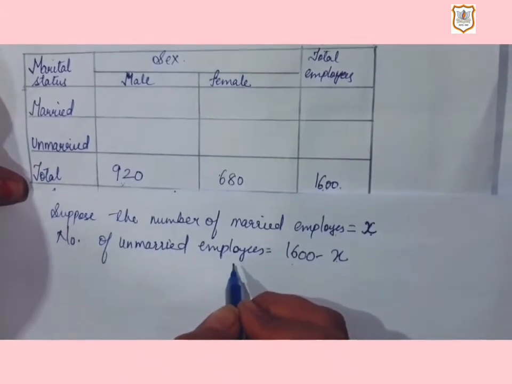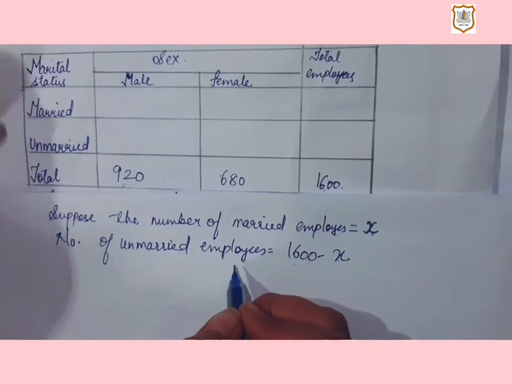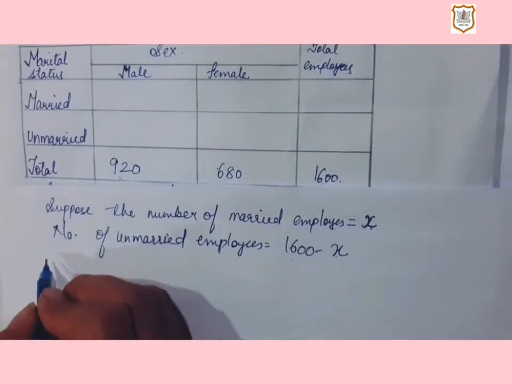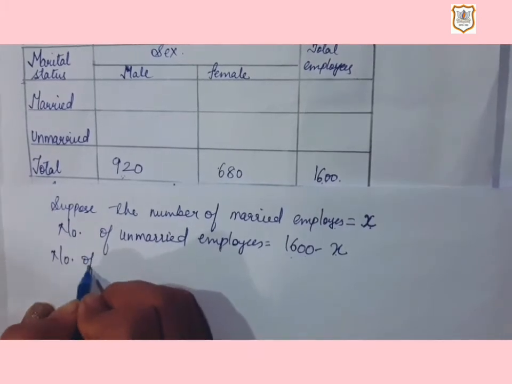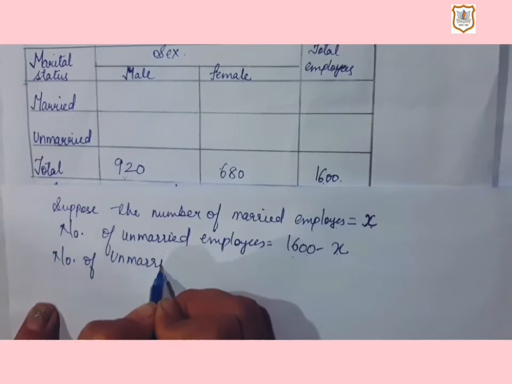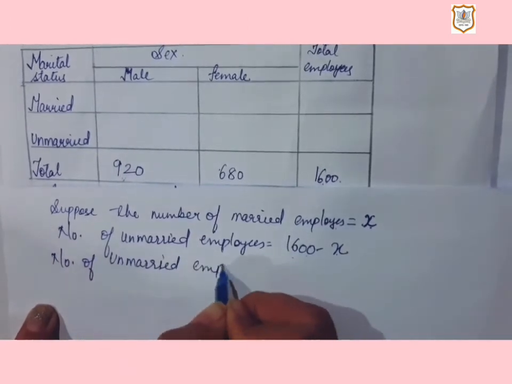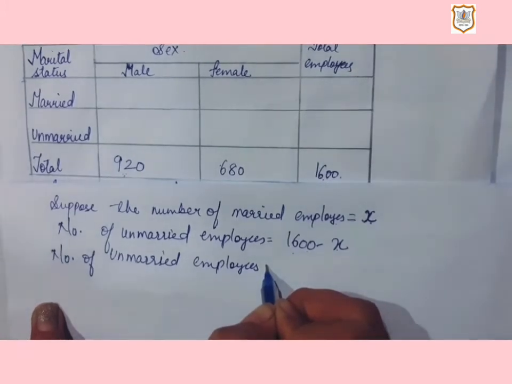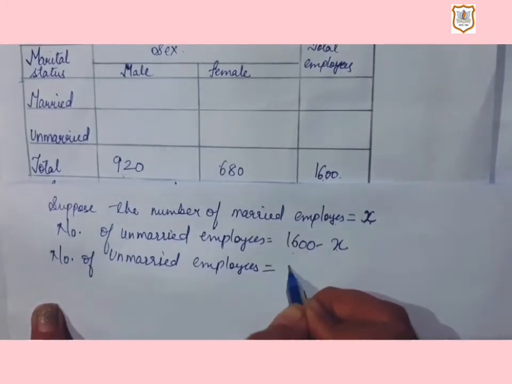Now in the question it is mentioned that the number of unmarried employees is 800 less than the number of married employees. As they are 800 less, they can be taken out in this manner.